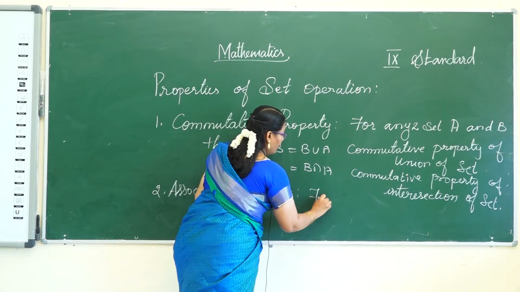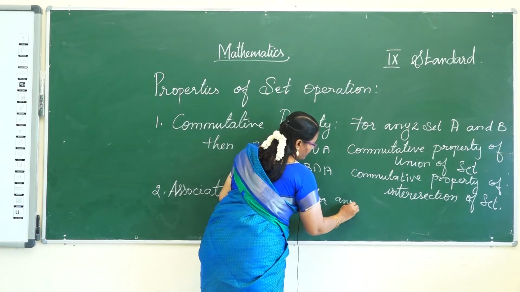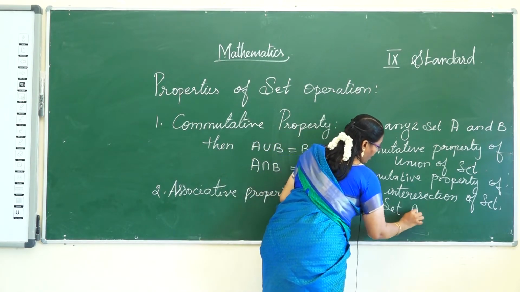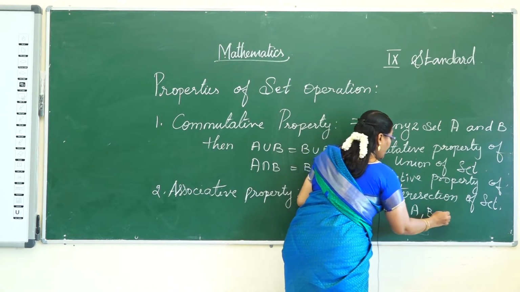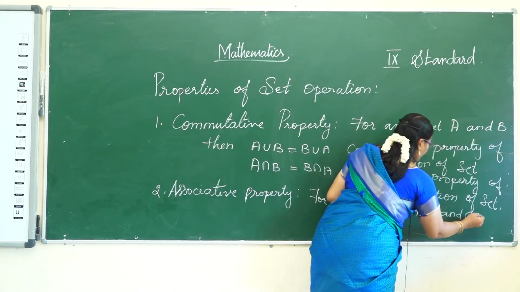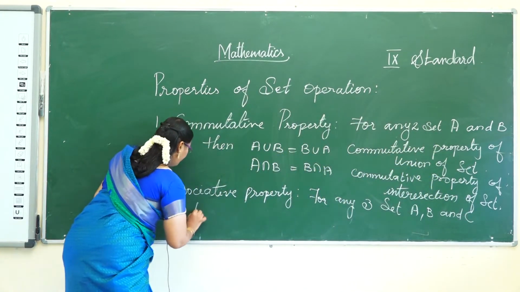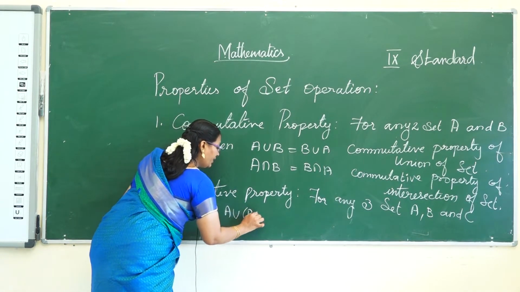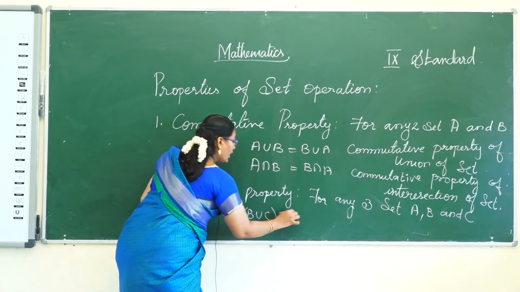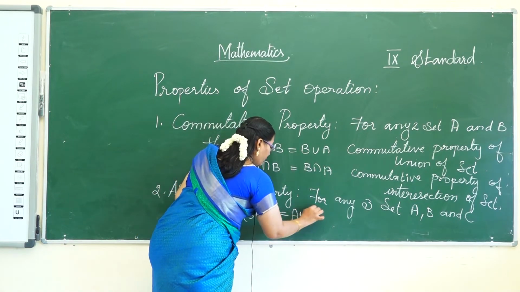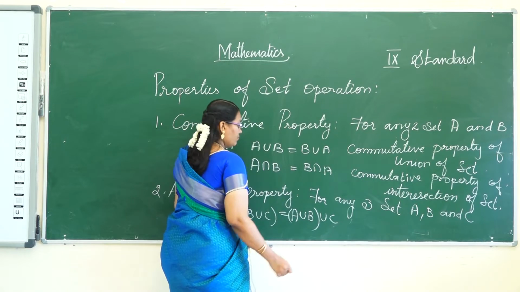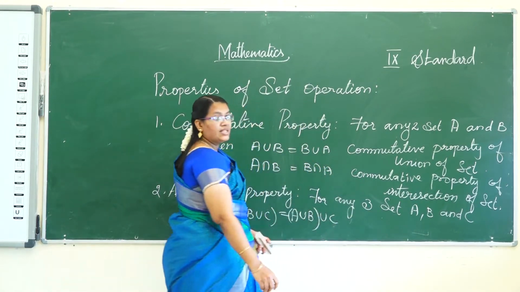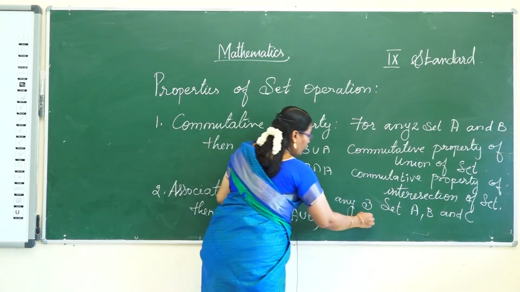For any three sets A, B and C, (A union B) union C is equal to A union (B union C). So this is the associative property of union of sets.